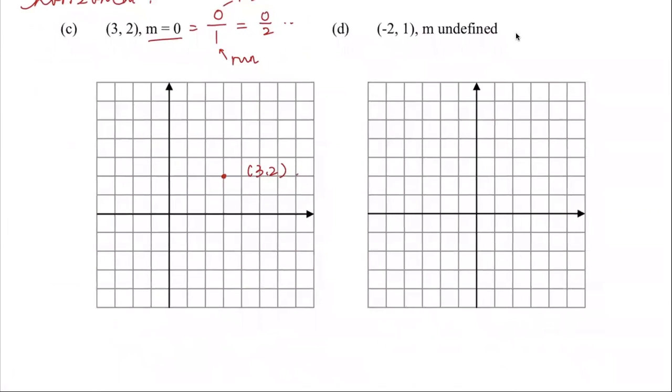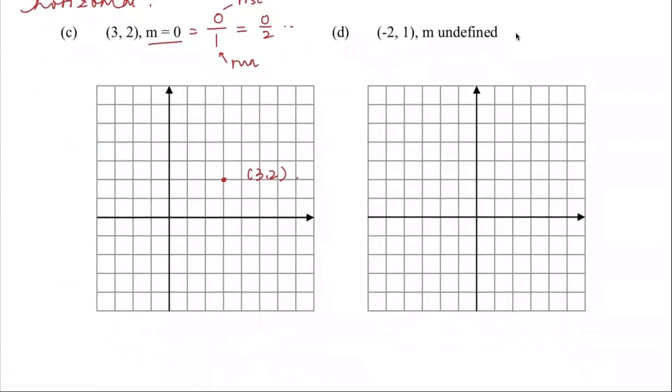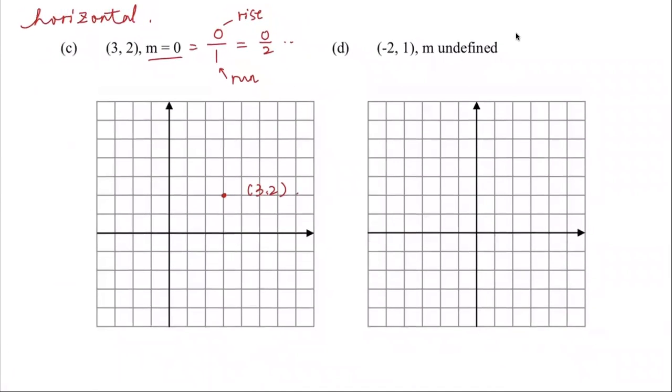So we start from this point, right? And rise is 0. That means there's no movement vertically, because rise is 0. Run is 1, so 1. So this is the second point, right?